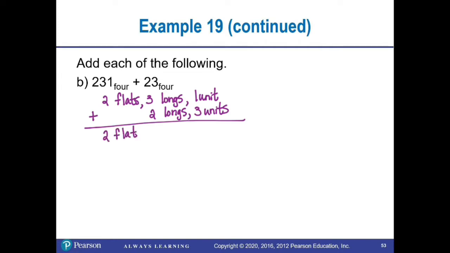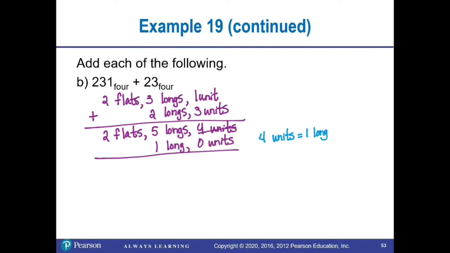Add, and that gives us 2 flats, 5 longs, and 4 units. Now in base 4, 4 units make a long. So I exchange my 4 units for 1 long, and there are no units left because 4 minus 4 gives me 0 units left. Now I have 2 flats, 6 longs, and no units.